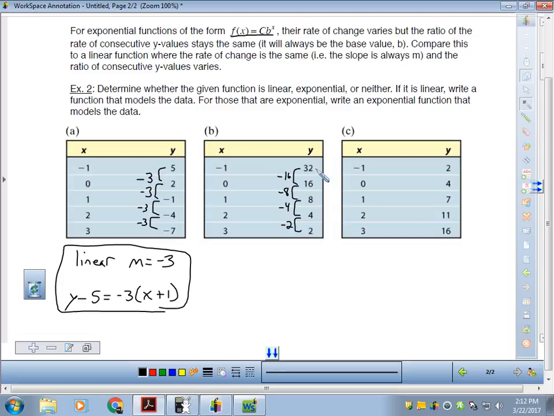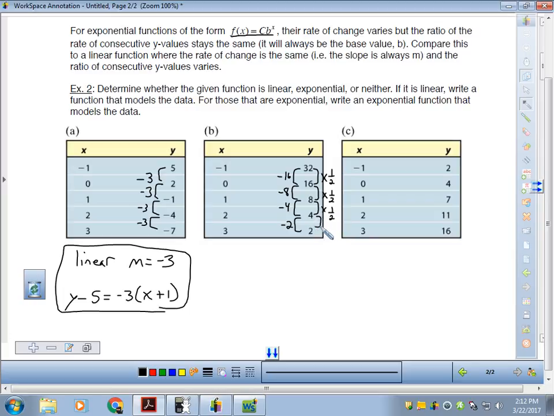So let's see what happens if we go with multiplication or division. Going from 32 to 16, that's dividing by 2 or multiplying by 1/2. Going from 16 to 8, that's dividing by 2 or multiplying by 1/2. Going from 8 to 4, that's dividing by 2 or multiplying by 1/2.